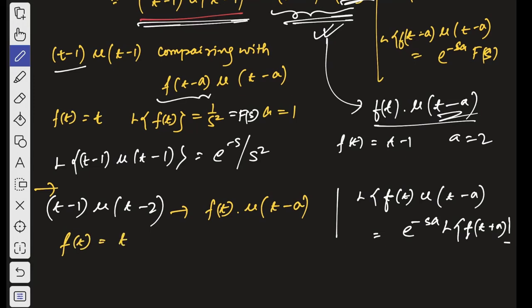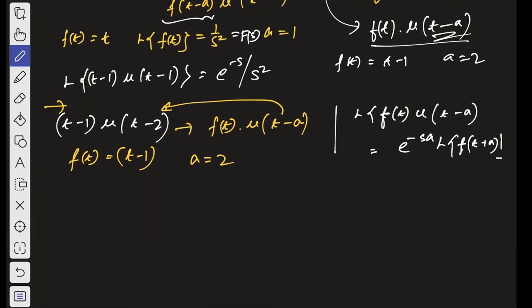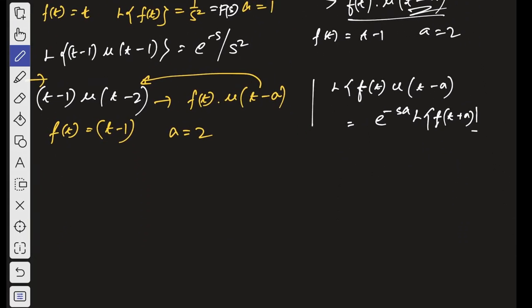Comparing with this, we have got f of t is equal to t minus 1, and if you compare these two terms, then you will get a is equal to 2, right? To apply this theorem, this is nothing but the theorem that we have already proved.